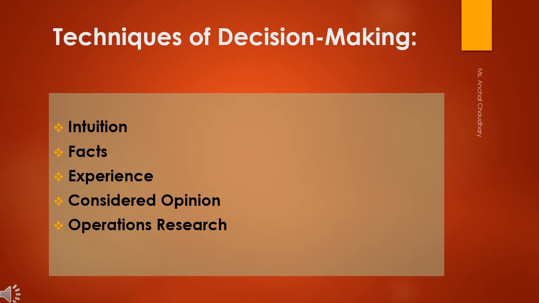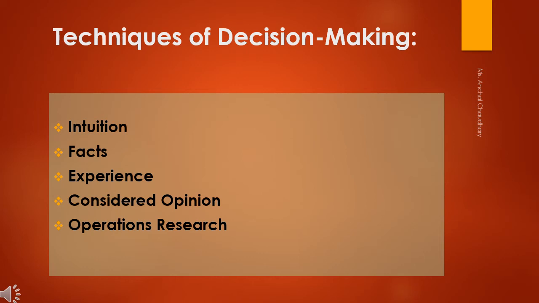Next is facts. It is generally believed that decisions made on the basis of facts are the best decisions. The reason is that such a decision is based on factual data. Whenever you are considering factual data, you are going through statistical data.